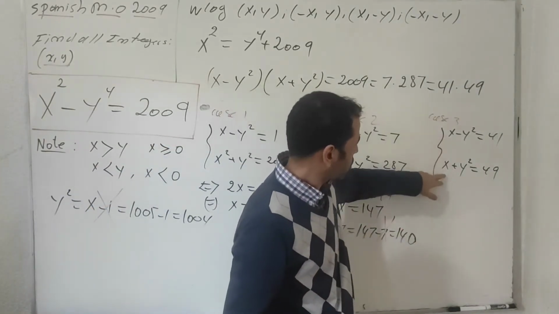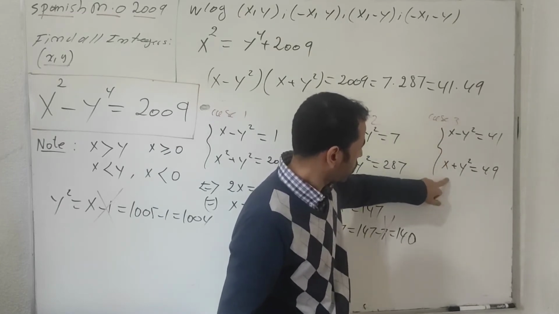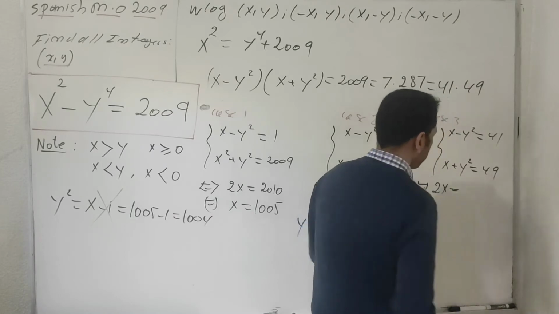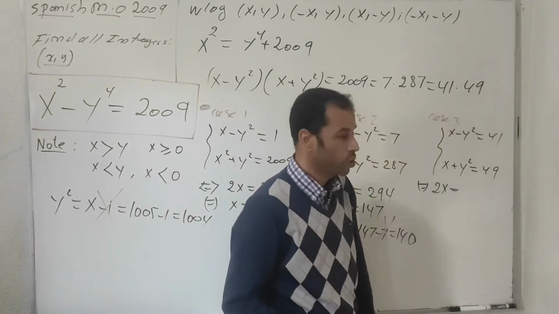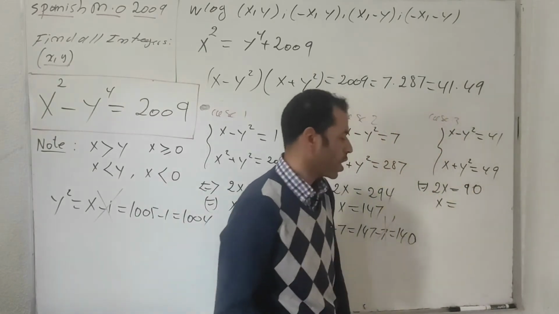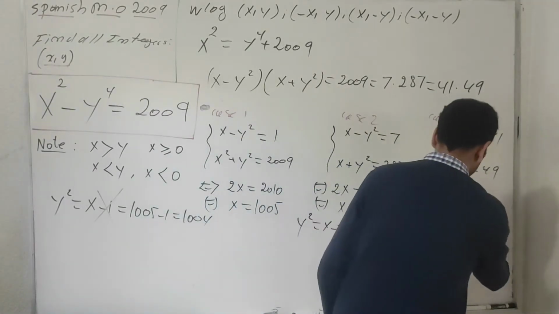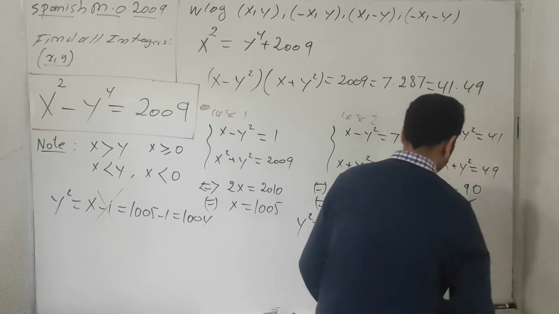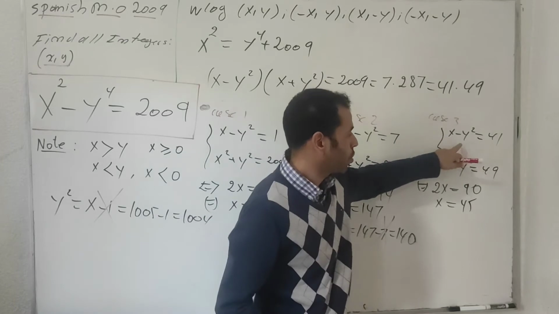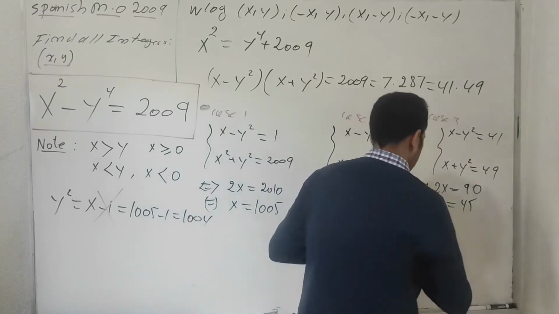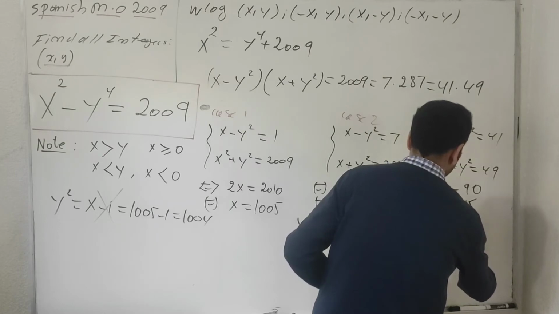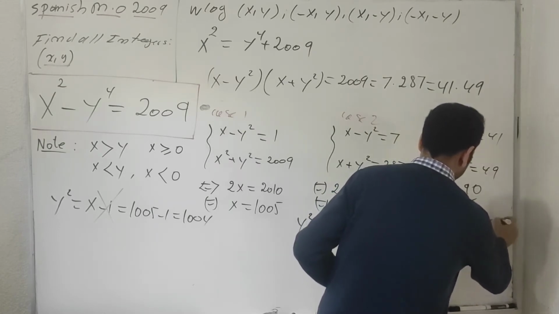So let's move on to the last one. By doing the same job, adding the first and the second, I get 2x equals 41 plus 49, which is 90. In other words, x equals 45, dividing both sides by 2. Using the first equation, y squared equals x minus 41, which is 45 minus 41, which is 4.